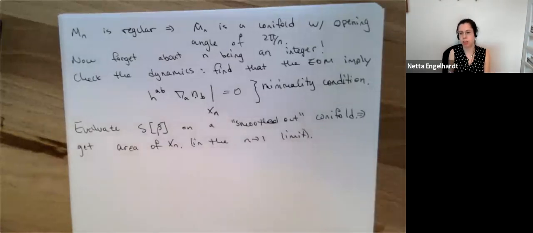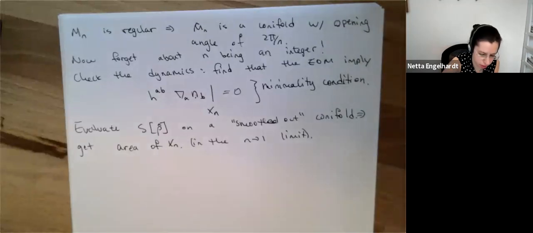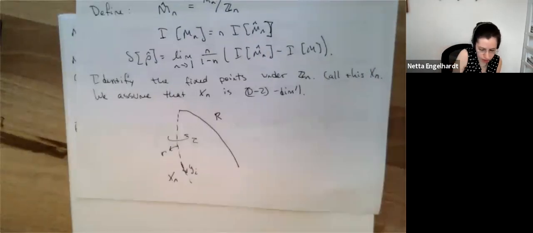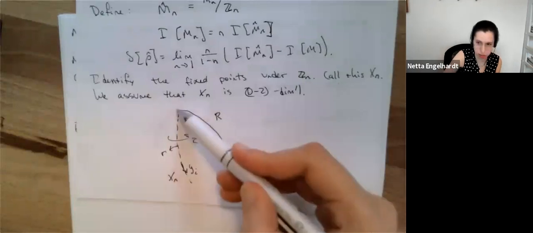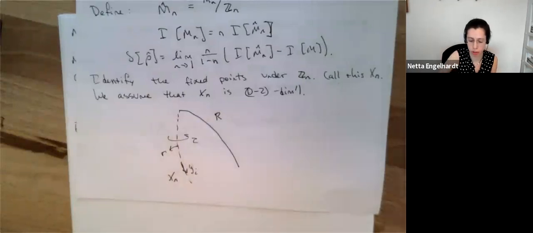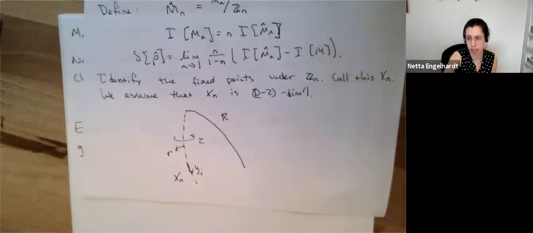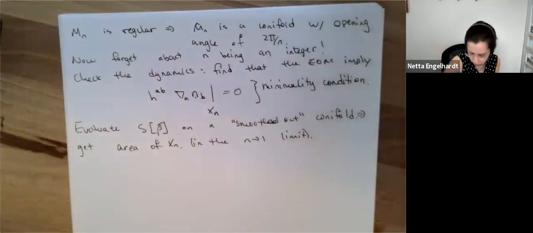So as long as you added the boundary terms correctly, or smoothed out the conifold correctly, then what you get when you evaluate this formula is the area of this fixed point surface over here, which is the minimal area surface that's required by the equations of motion.